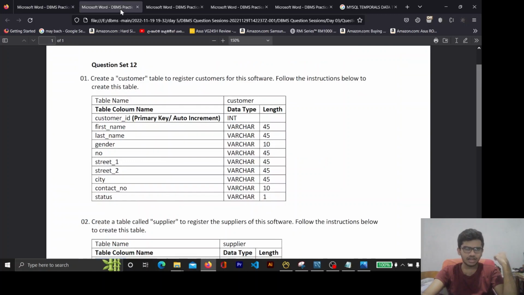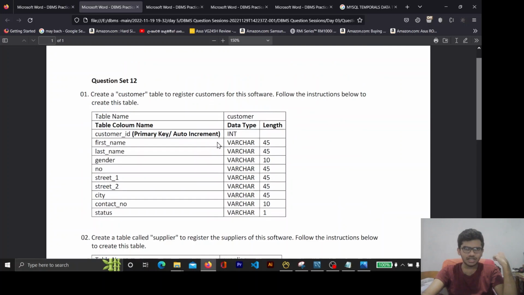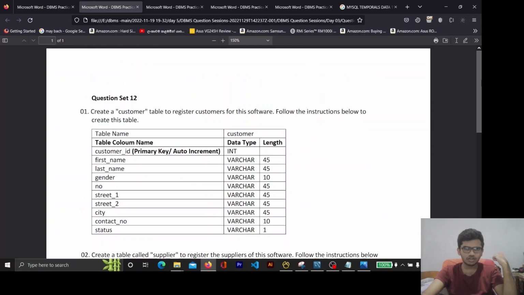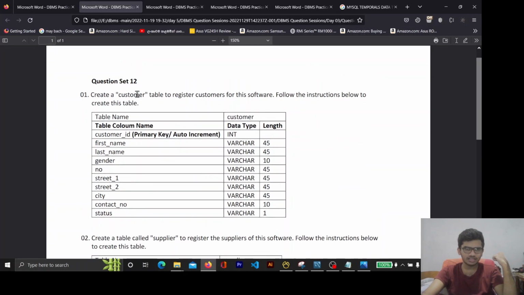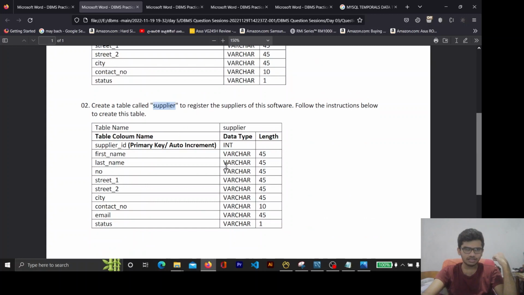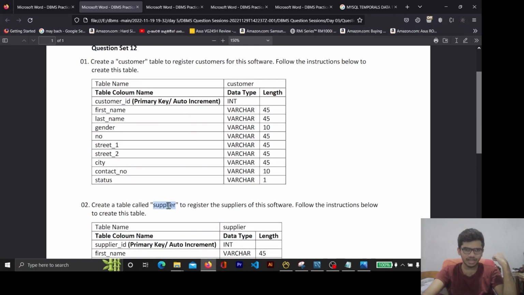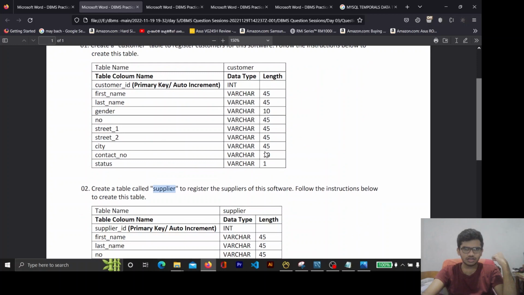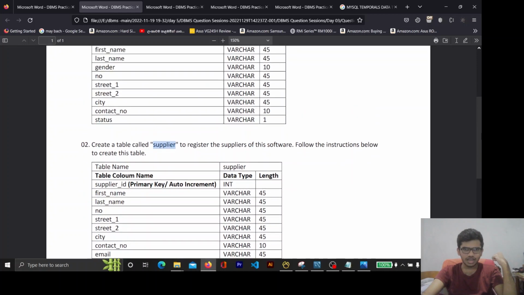In question set 12 we included 2 more tables, customer and supplier.